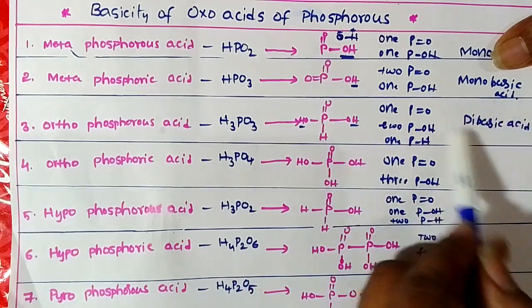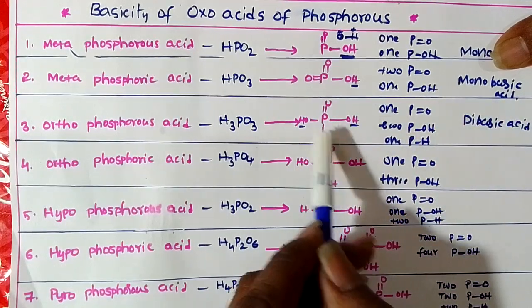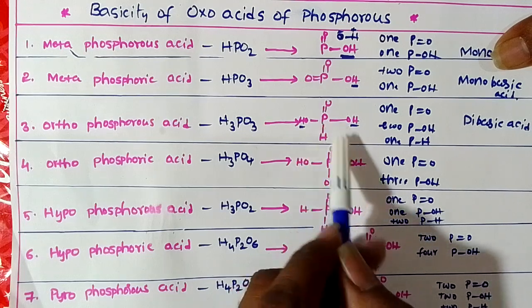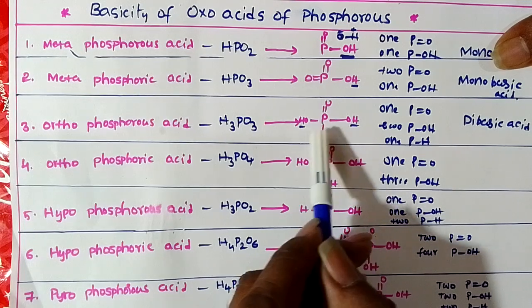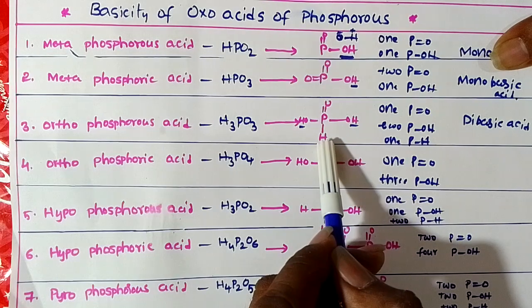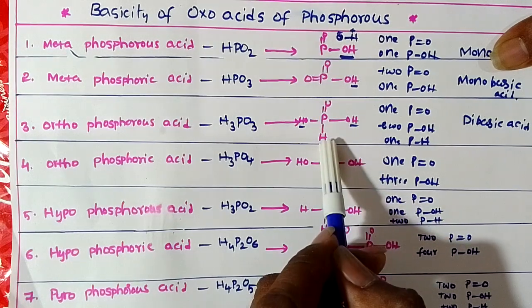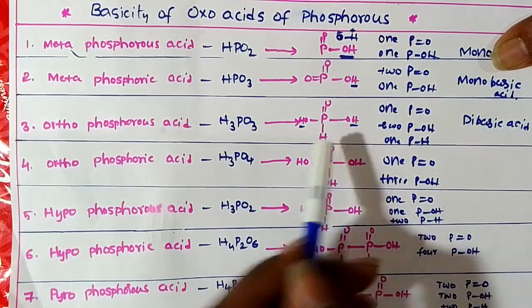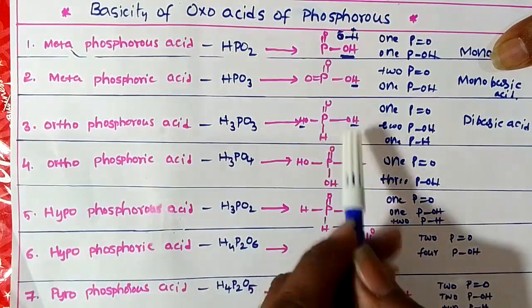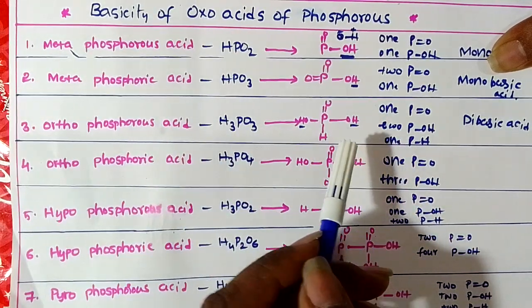That's why it is called a dibasic acid. The hydrogen atom present in the P-H bond is not ionizable, so it is not called an acidic hydrogen. Due to the presence of the P-H bond, orthophosphorous acid has reducing nature.